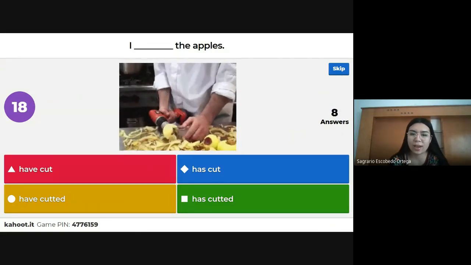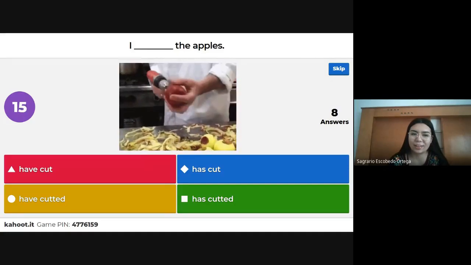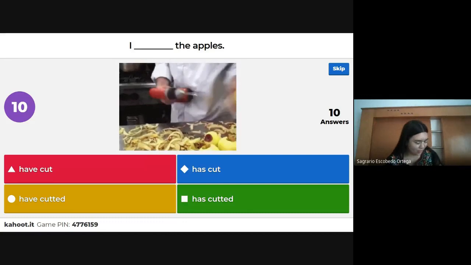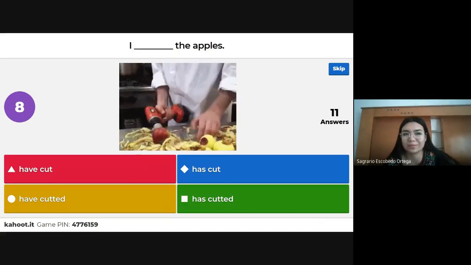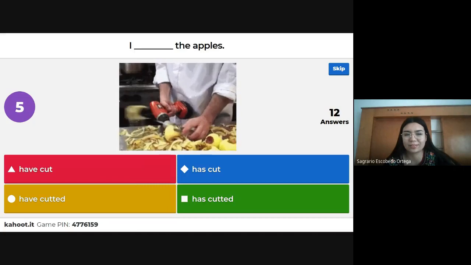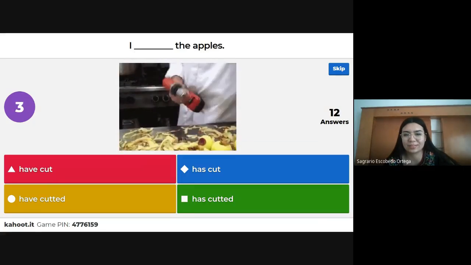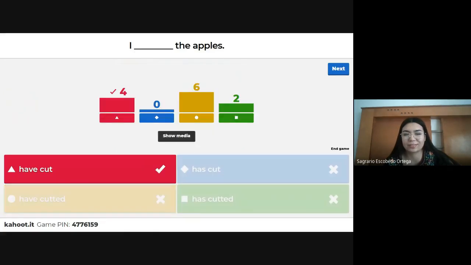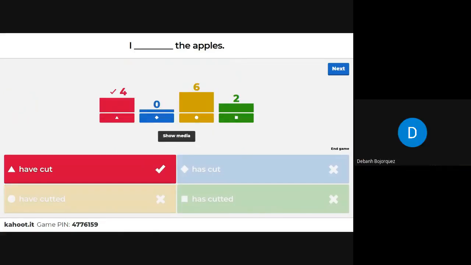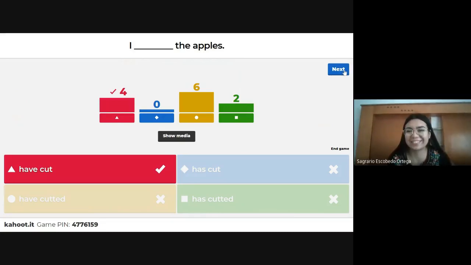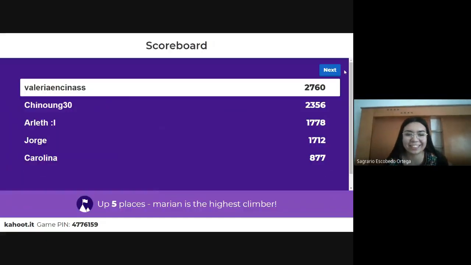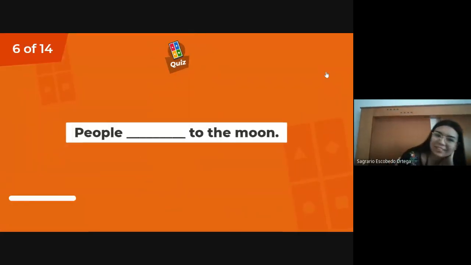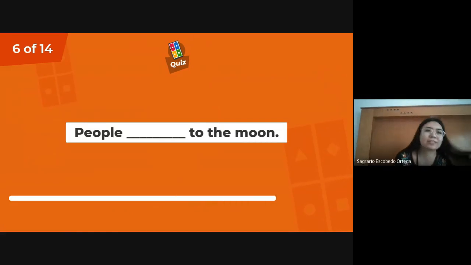Hapker, Hasker. ¿Qué le digo? Siempre es el rojo. Okay. People to the moon.